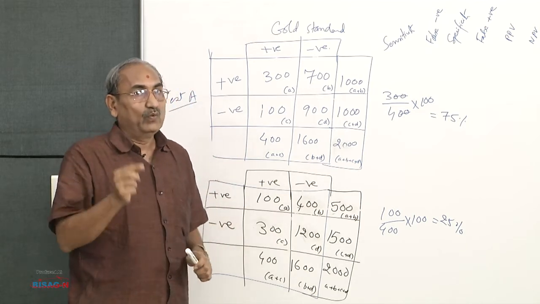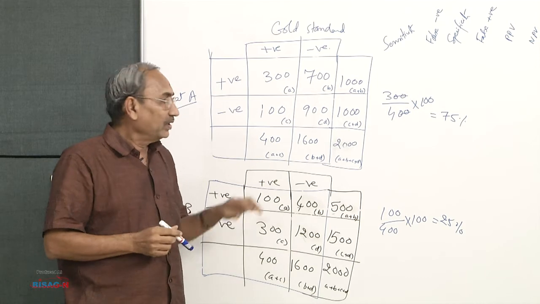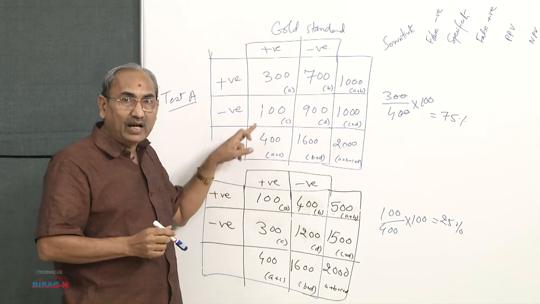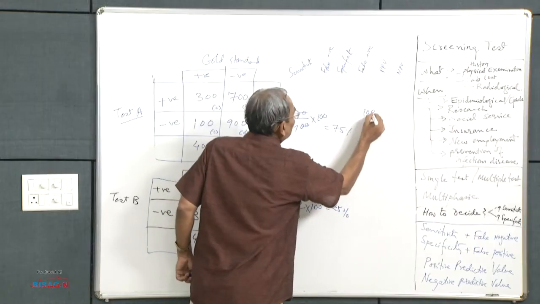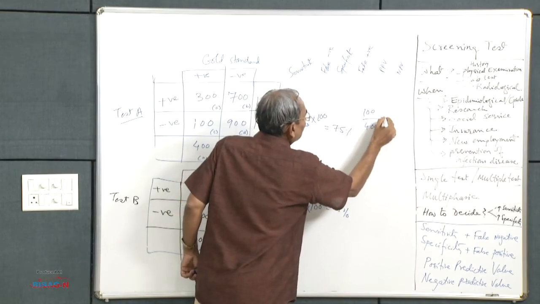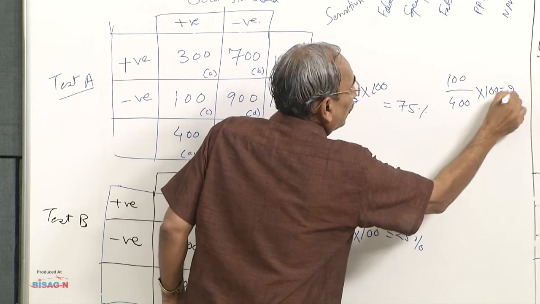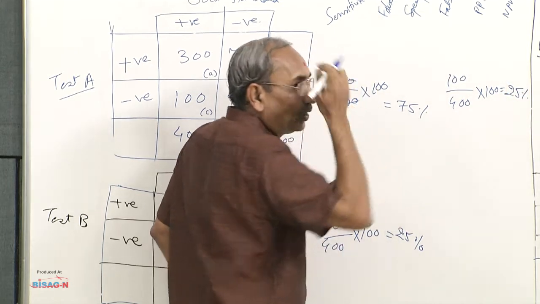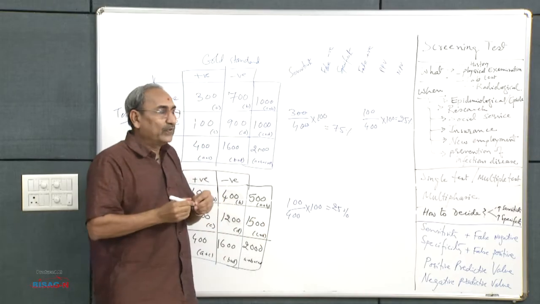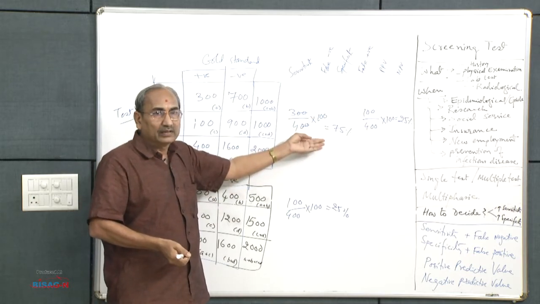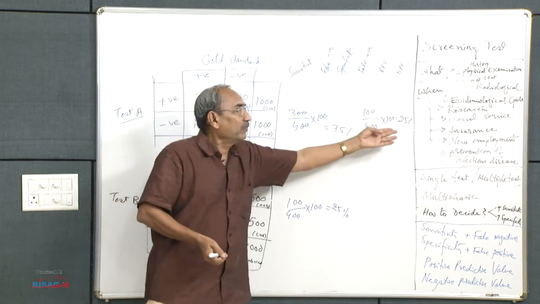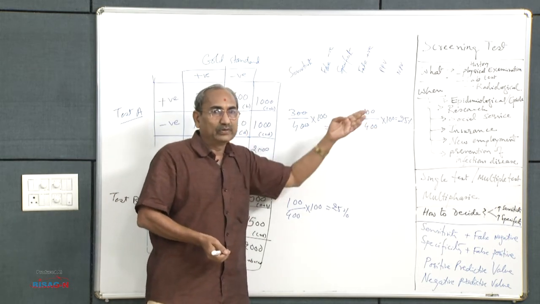That means the percentage of false negative is 100 out of 400, 25%. So if you improve the sensitivity, your false negative will reduce.